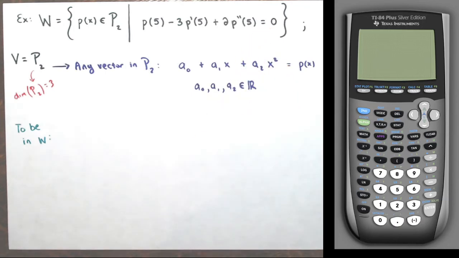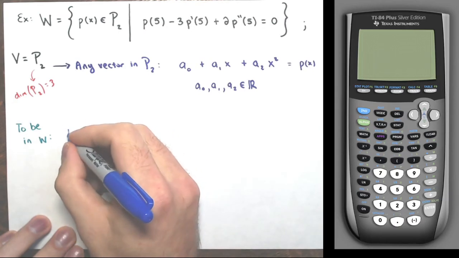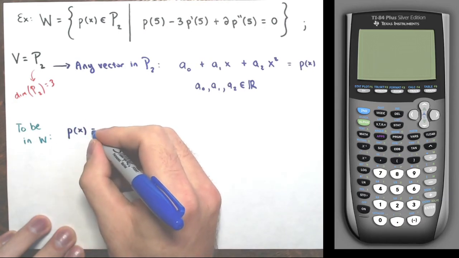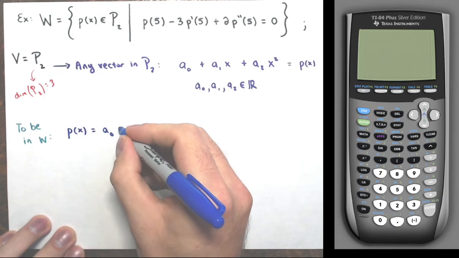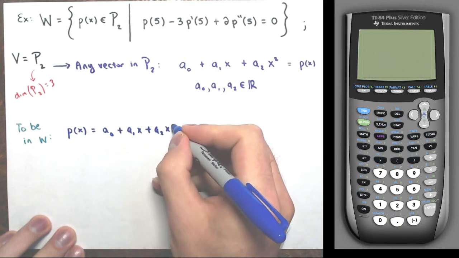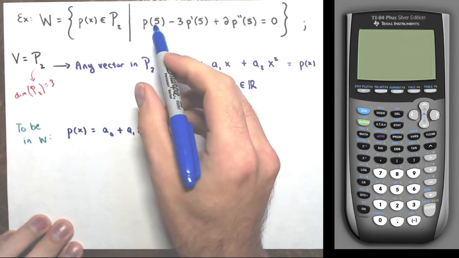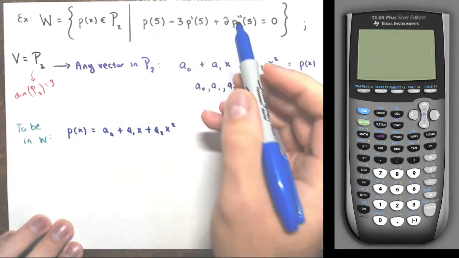So this is where, again, this is where the system comes up. Well, let's see. If I have p of x equals a0 plus a1x plus a2x squared, what we're doing here is we're also involving the derivative and the second derivative somehow.